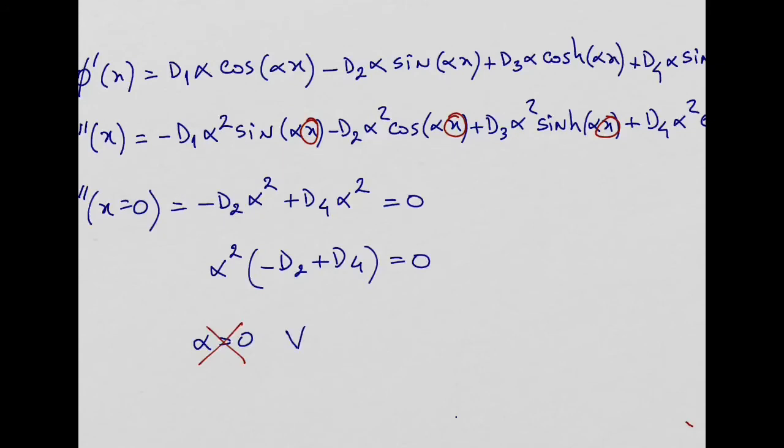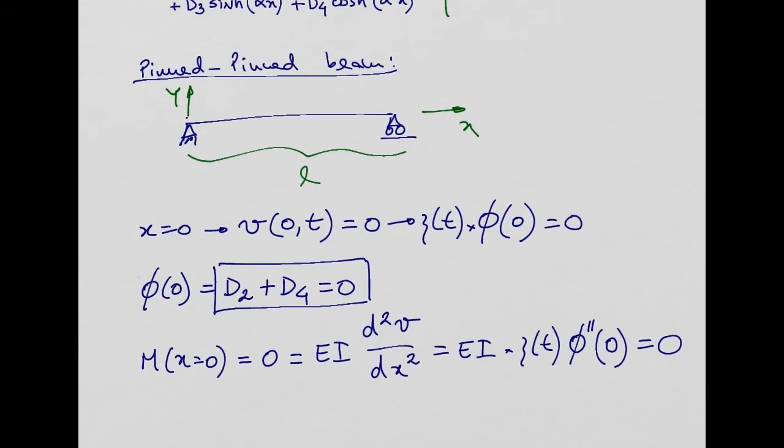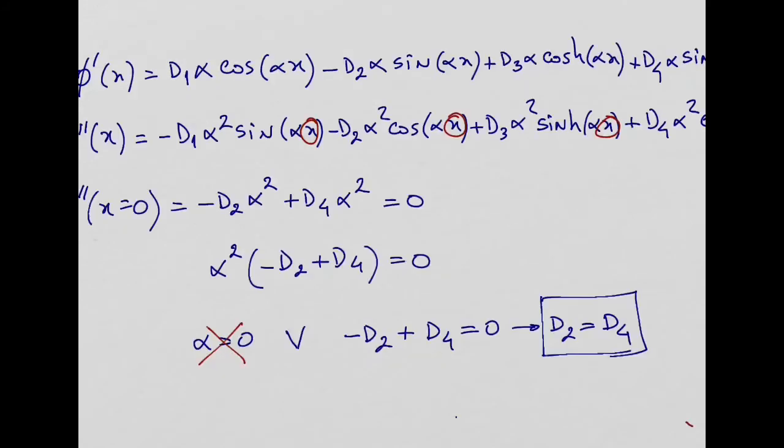The other option we have is minus d2 plus d4 equal to 0, which means d2 equal to d4. Yeah? So the conclusion is, we have now two equations for two unknowns. The first equation we have is d2 plus d4 equal to 0.